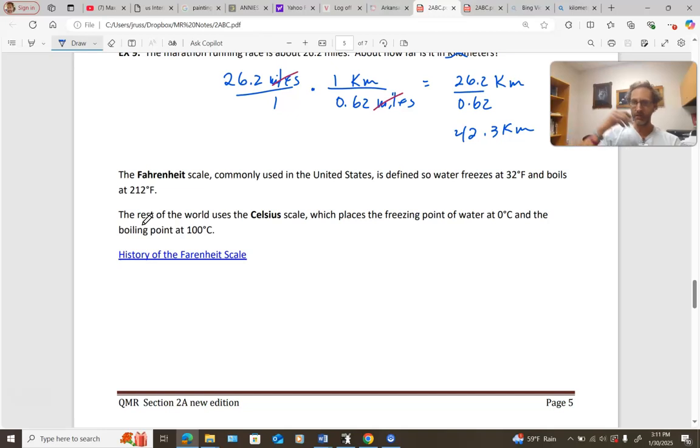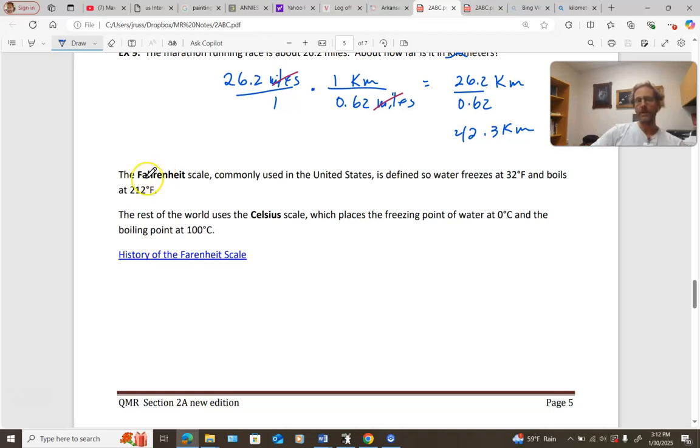Because sea level does affect the boiling point of water because it has to do with pressure, but in any case. Now with the Fahrenheit scale, it's a little bit weirder to me because water is designated to freeze at 32 degrees Fahrenheit, and then it's designated to boil at 212 degrees Fahrenheit, and again, that's at sea level, okay?